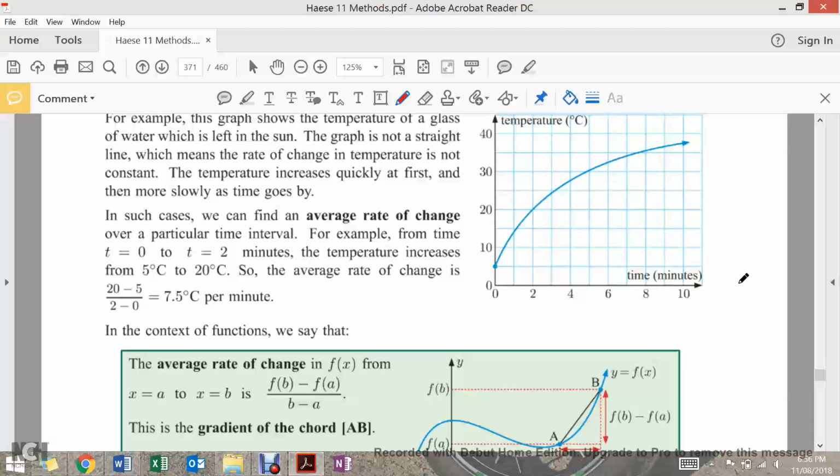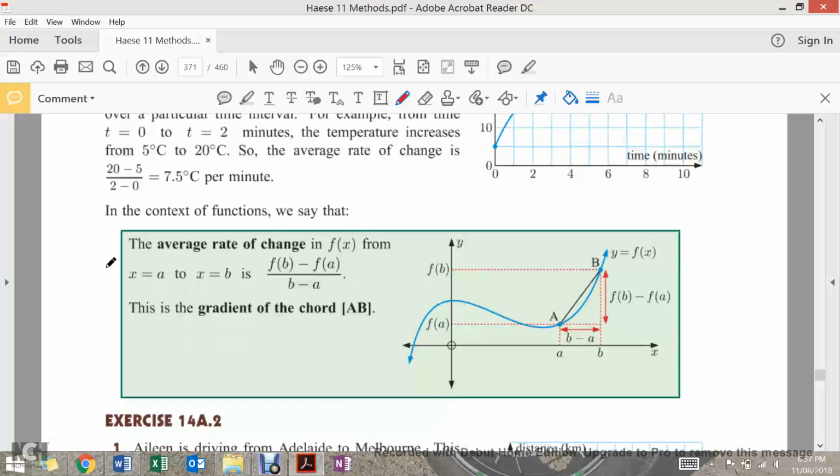For example, rather than the rate of change at 4 minutes, I might consider the average rate of change between, say, 3 minutes and 5 minutes. I get the slope between those 2 points, and that would probably be pretty close. So we're going to work our way up, and that's what this green box is here. Draw this green box down now, and we'll talk you through it.